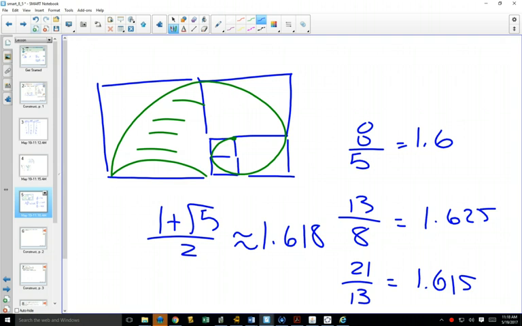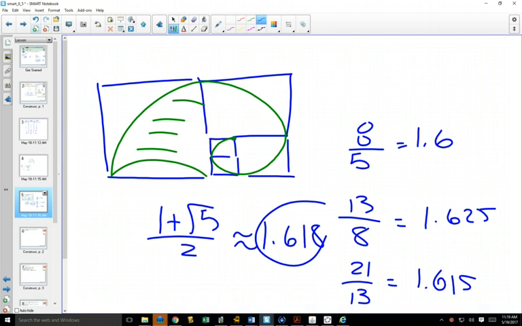So we have a sense of what a proper proportion is and what's not. And it apparently is really related to this number. Because if you measure how tall you are and divide by how high it is up to your belly button, it'll come out really close to 1.618.